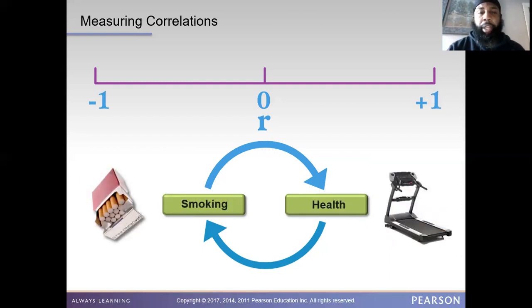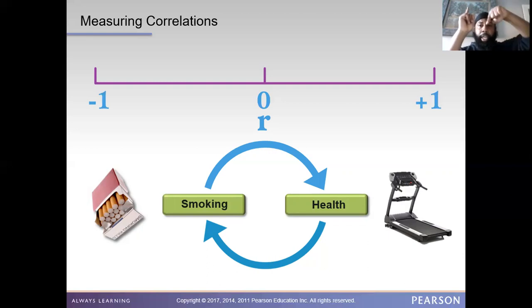We might think about cigarette smoking and health, right? The more cigarettes you smoke, right? So that variable goes up, variable A, the less good health you're in. So B goes down, right? Conversely, the better health you're in, the less likely you are to smoke cigarettes.